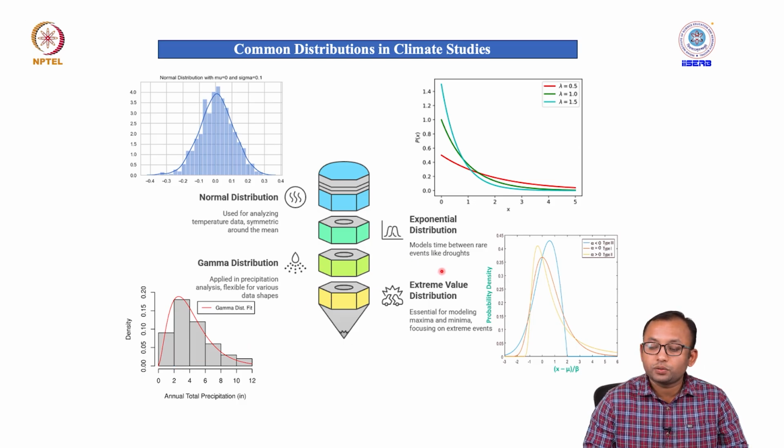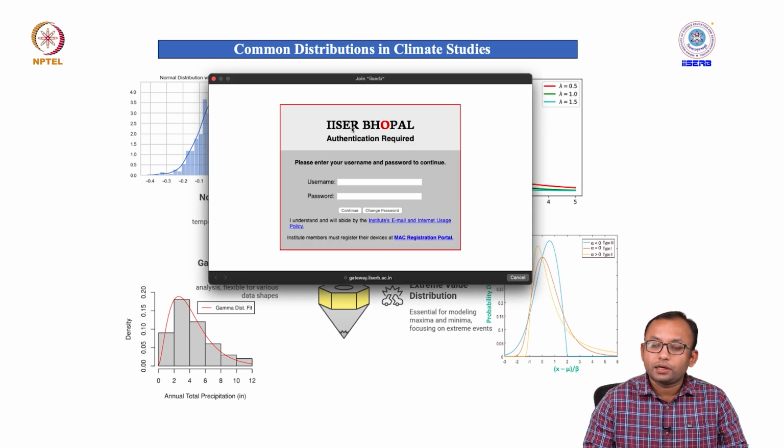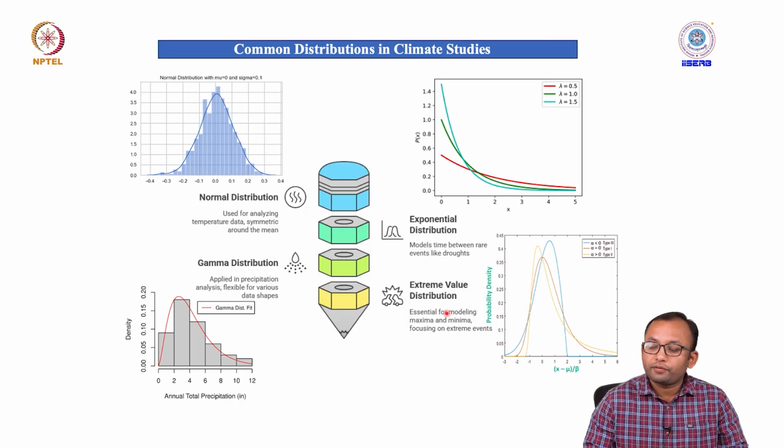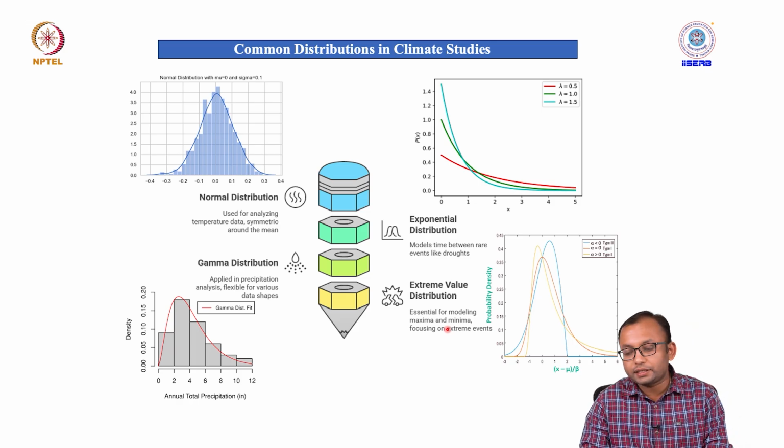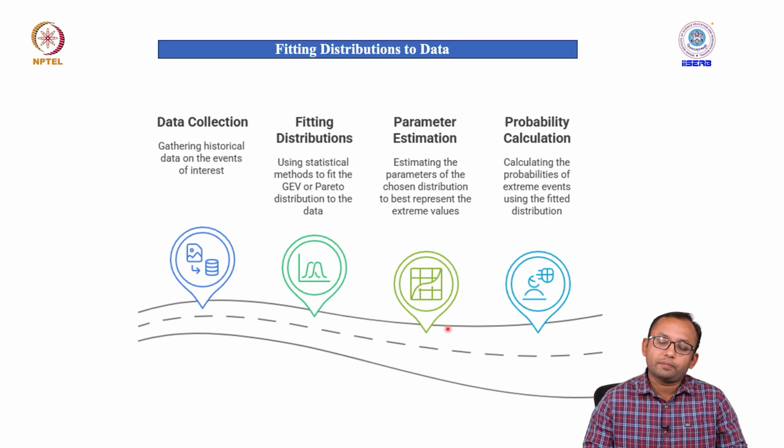Then we can also use the exponential distribution, which is basically used for low or high magnitude extreme flows. Then we have extensively discussed extreme value analysis and extreme value distribution functions, which can be used to quantify the maxima and minima and the probability of occurrence of floods and droughts, or different types of extreme analysis in different meteorological properties.